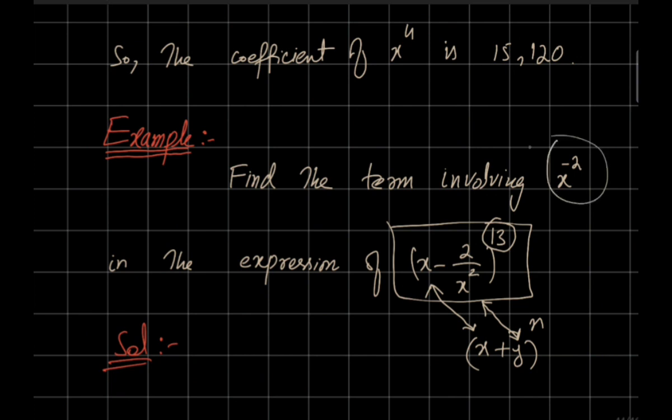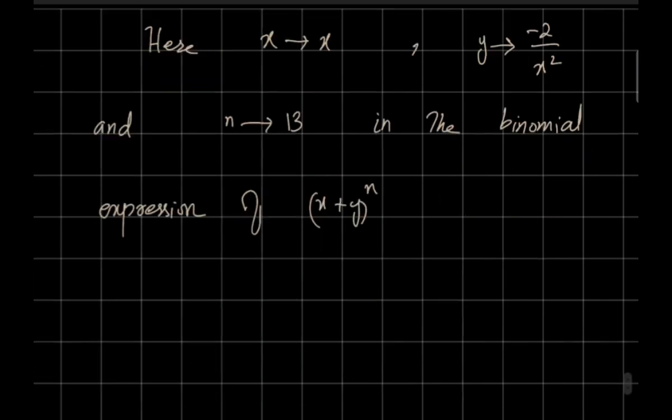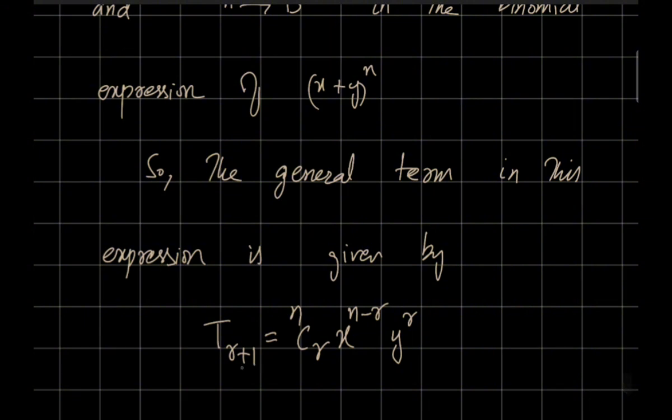We will use the general formula for finding the general term. The general formula is T(r+1) equals nCr x to the n minus r y to the r.